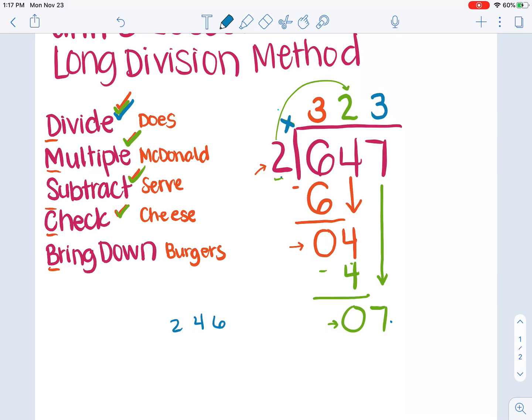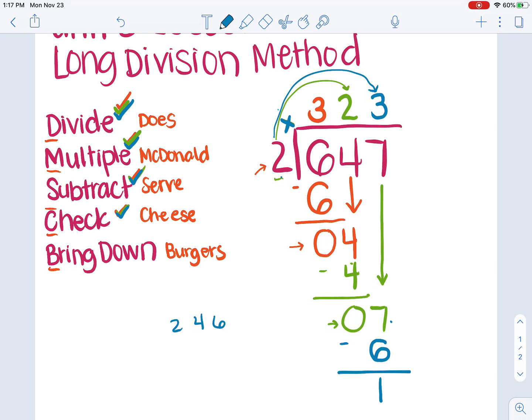Then I'm going to multiply. 2 times 3 is 6. Next, I'm going to subtract. 7 minus 6 is 1. Now let's check. Is 1 smaller than 2? Yep, we're good. Then I can bring down.